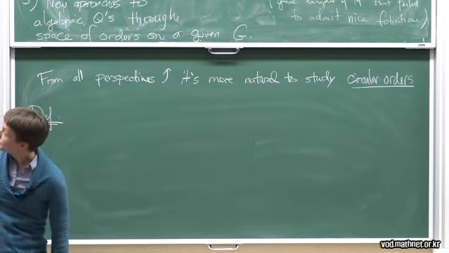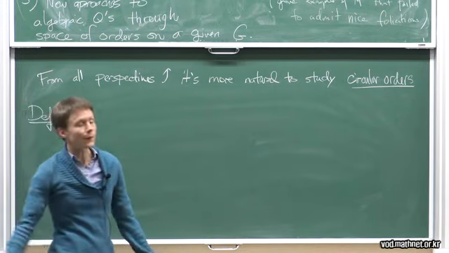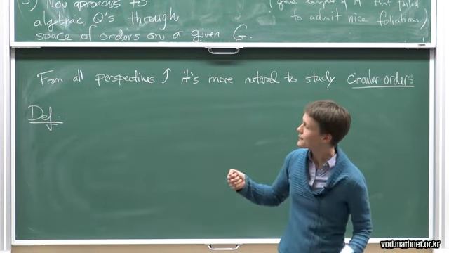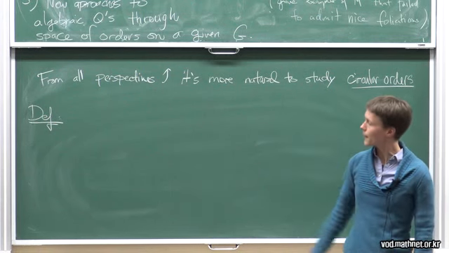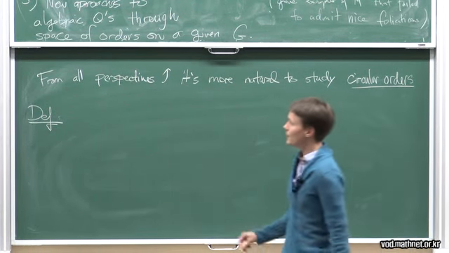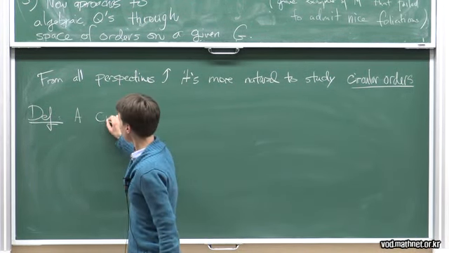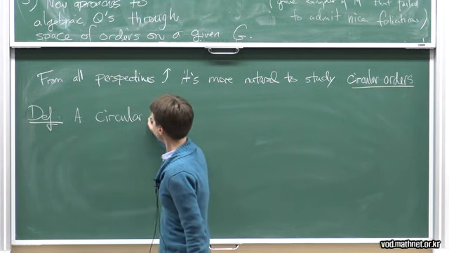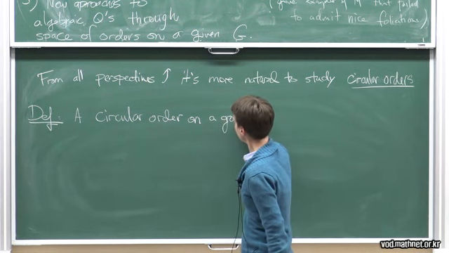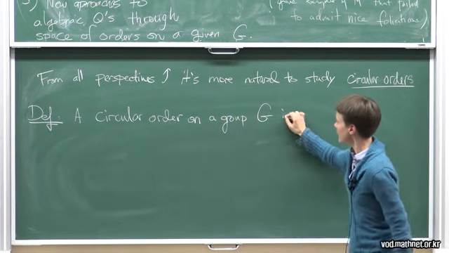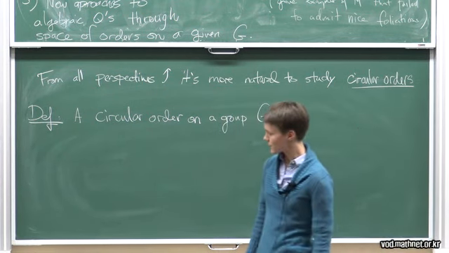I want to imitate the definition of linear order, but instead of my total order being modeled off of the points on the real line, I want to model it on the circle. So a circular order on a group G is, so let's see what this should be.